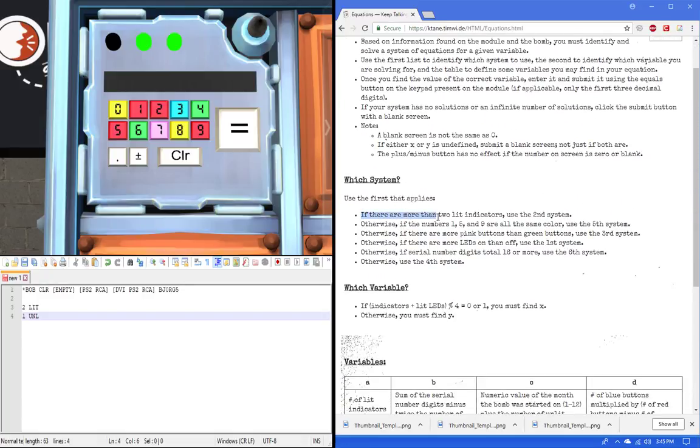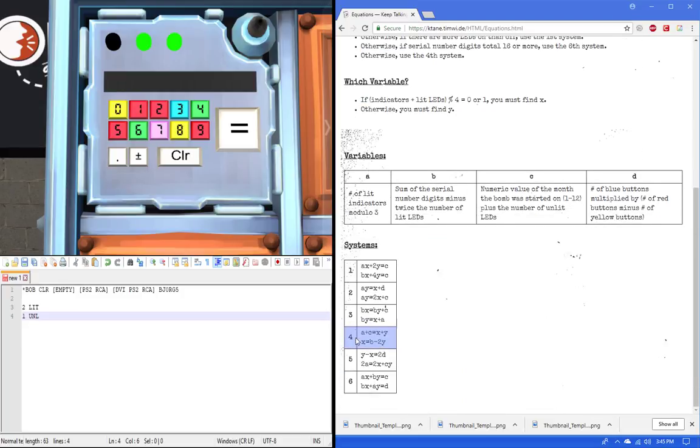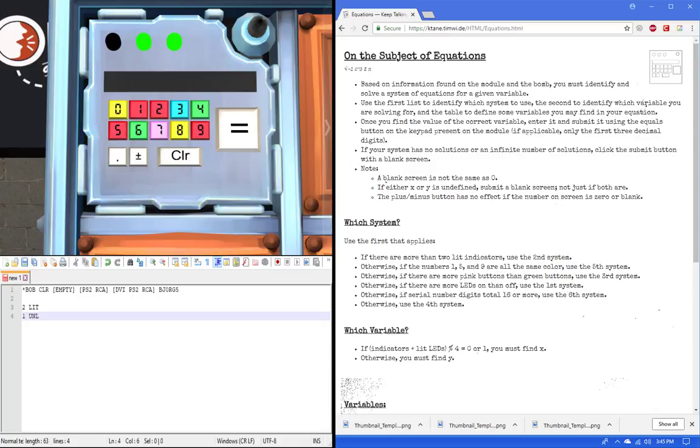Okay, if there's more than 2, no. If the numbers 1, 5, and 9 are all the same color? Yes. Okay, so we're going to be using the 5th system, because I don't want to tell him everything. 1, 5, and 9. Of course, the defuser can also remember these rules since some of them are a little bit.